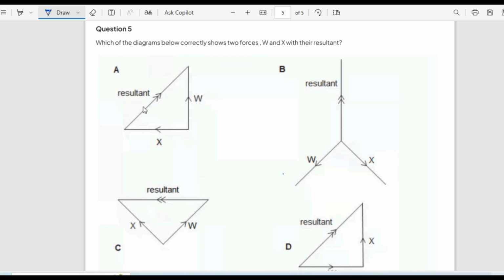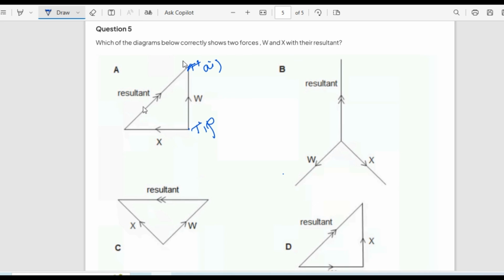Okay, so next one. It says which of the diagrams below correctly shows two forces, W and X, with their resultant. Whenever we find the resultant force, we follow the tip to tail method. As you can see, the arrow of vector W is heading this way, so where it is heading will be the tip, and where it is coming from will be the tail.